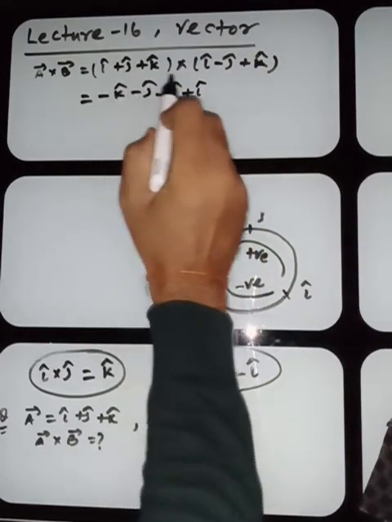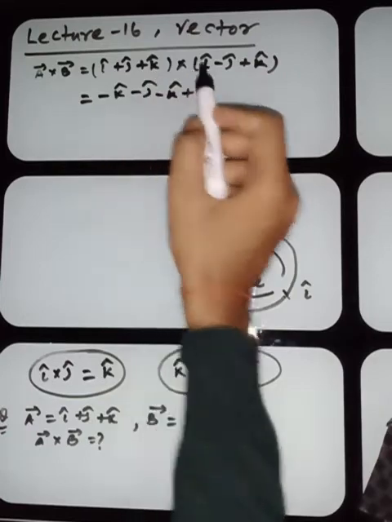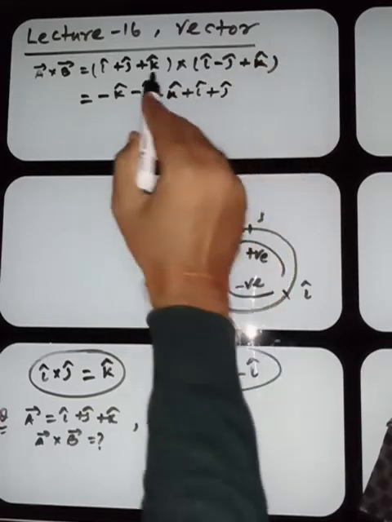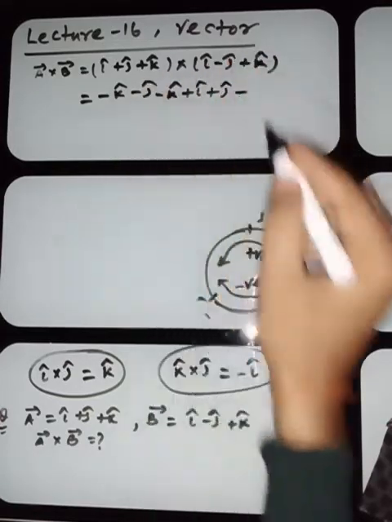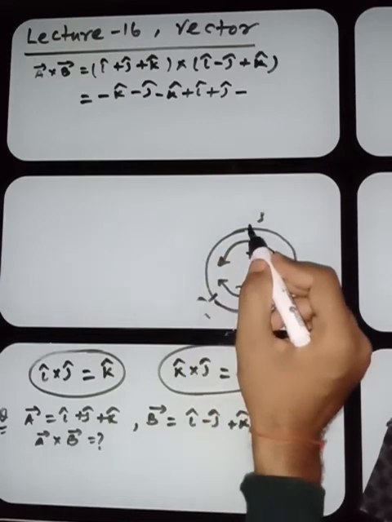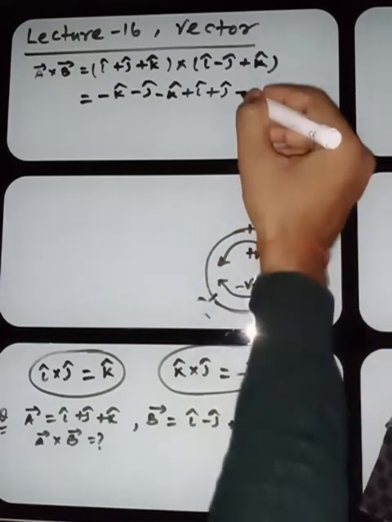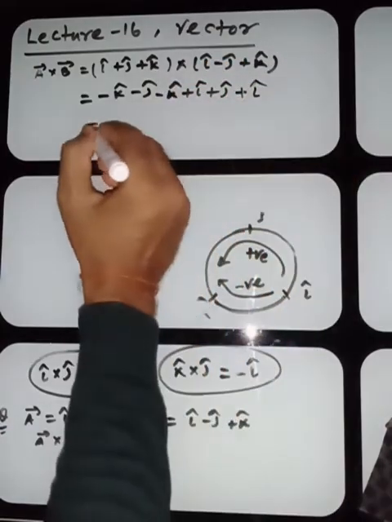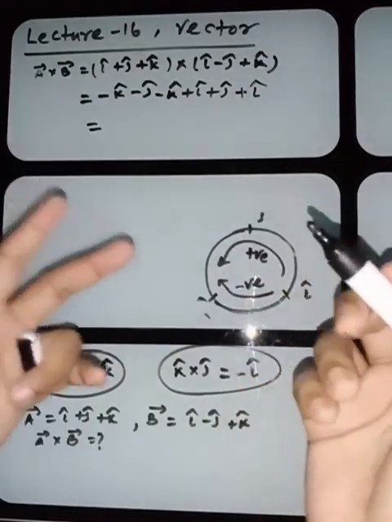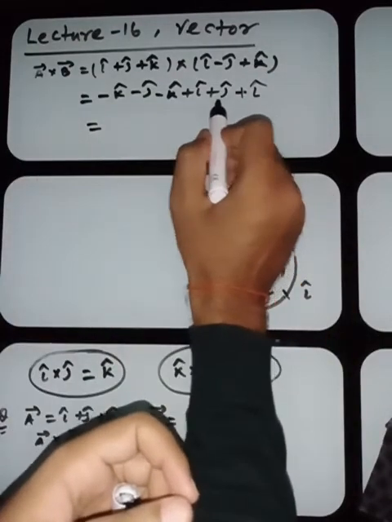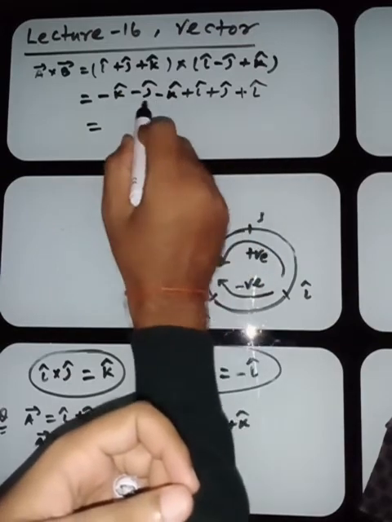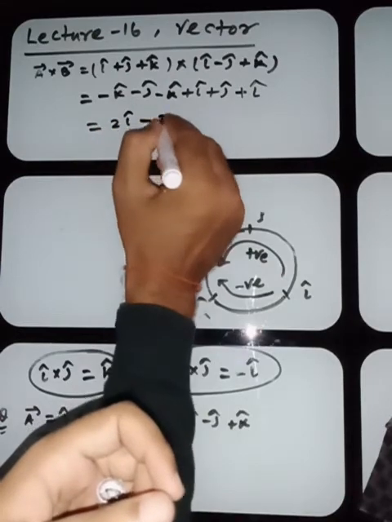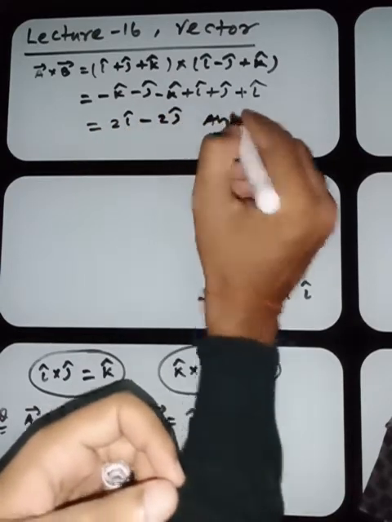Now k cross i is plus j. k cross minus j is minus k cross j, and k cross j is minus i, and already we have the minus, so plus i. k cross k will be 0. Now add the k, i and j all together. Here j and j will cancel out. You can see now i and i, 2i minus 2k, and this is the answer.